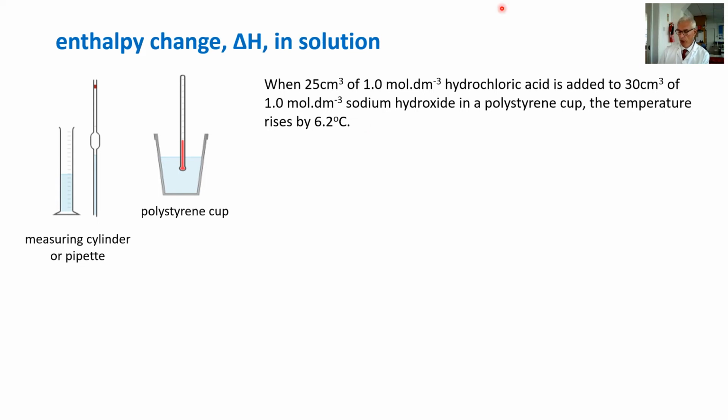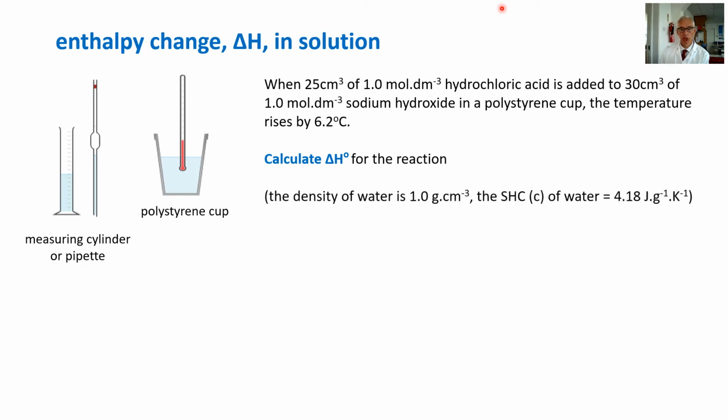From that data, we can calculate delta H for the reaction, the standard enthalpy change for the reaction, but we need to make a couple of assumptions. The first one being that the solutions in the polystyrene cup have the same density as water, 1 gram per centimeter cubed. So that means that 25 centimeters cubed and 30 centimeters cubed gives us a mass of 55 grams of solution in the polystyrene cup.